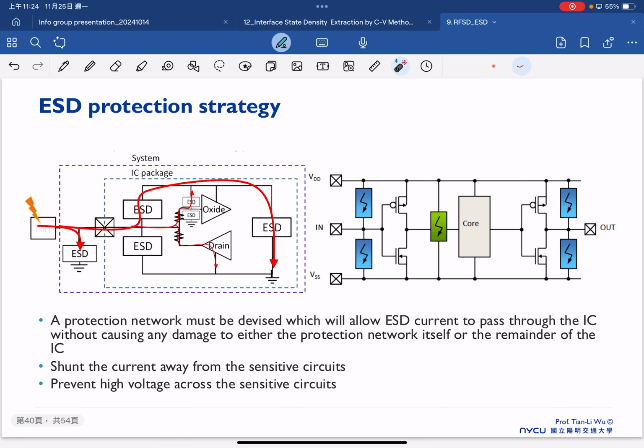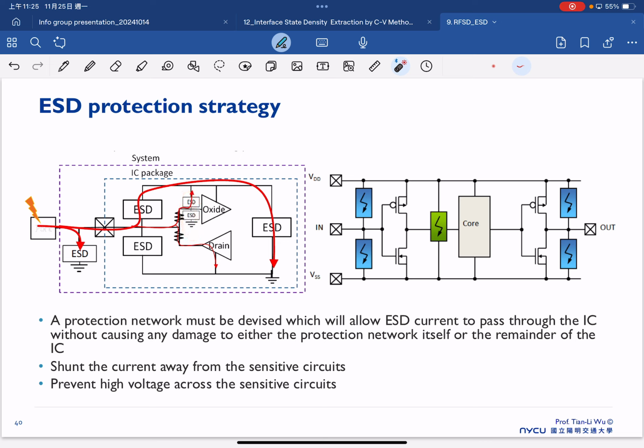So if you look at the overall ESD protection strategy, this is our transistor. We can find that, as I said, the weakest part is always the gate oxide. So we will place the last ESD protection on the gate side, to protect the gate region.